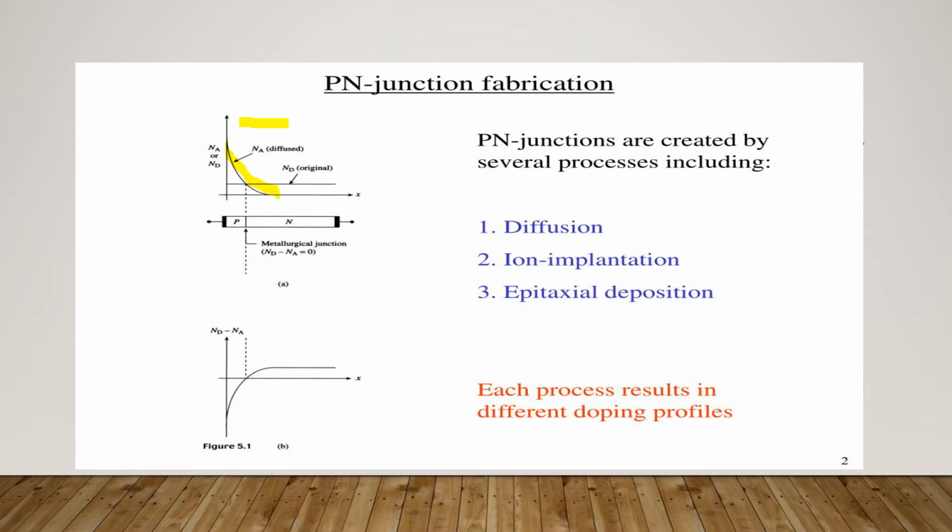Here you can see the p-n junction. Holes are moving from the p-type side to the n-type side, while this is the donor level, the original donor level. This portion presents the donor level minus the acceptor level.